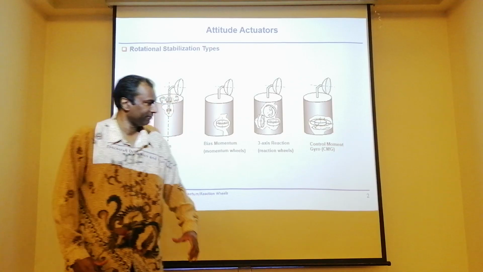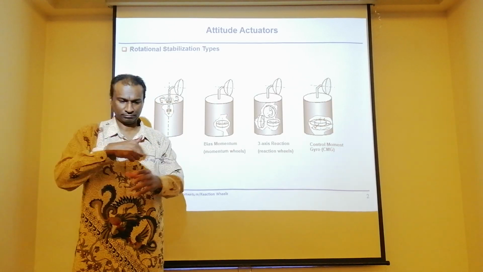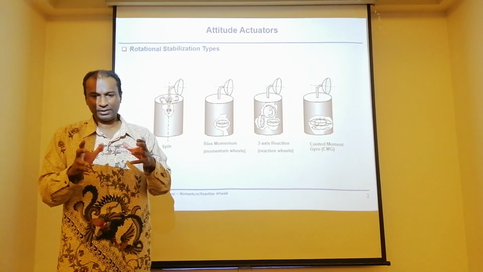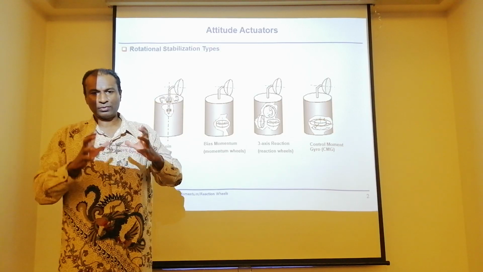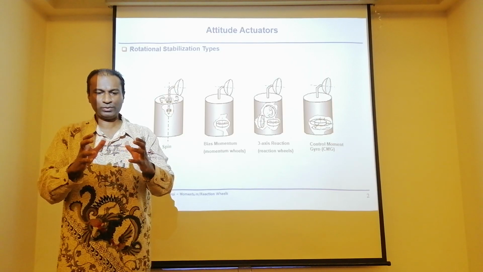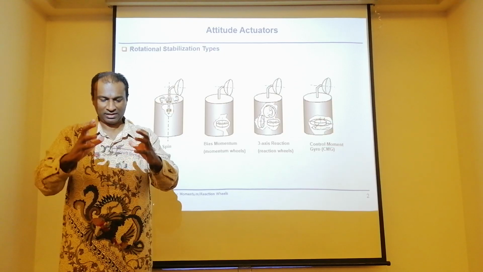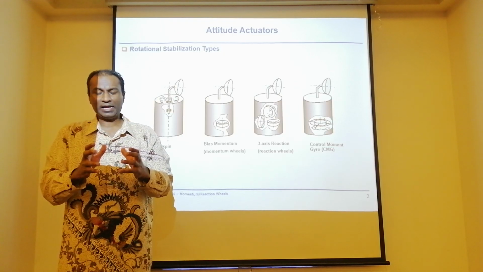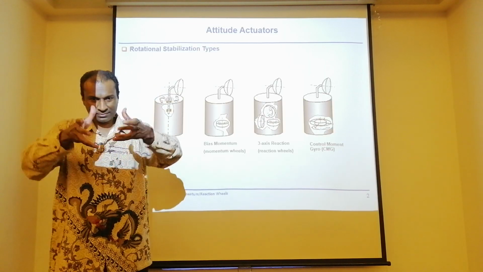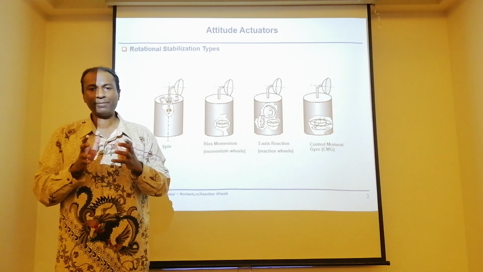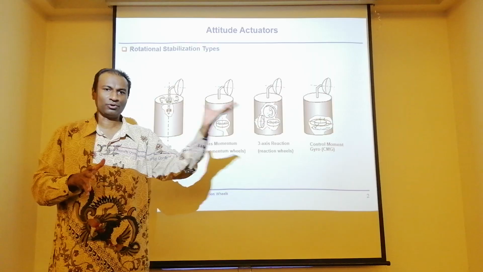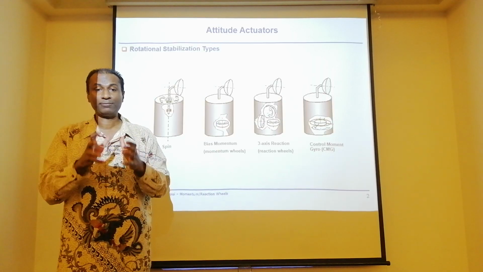Control moment gyro: let's say I have a wheel spinning, but I don't install this wheel in roll, I don't install it in yaw, I just install this wheel, let's say, in pitch. But if I can tilt the axis of rotation, I should be able to induce torque in roll, in yaw, for example, depending on where I install it.